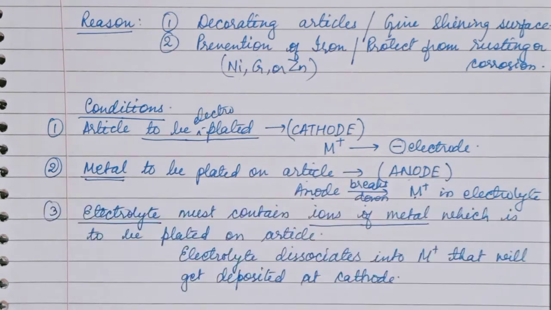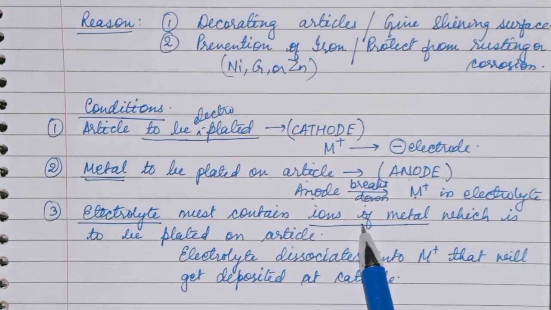Next is the electrolyte. The electrolyte must contain ions of the metal which is to be plated on the article. We take that metal in the electrolyte, the one we want to plate on our desired article. Why?